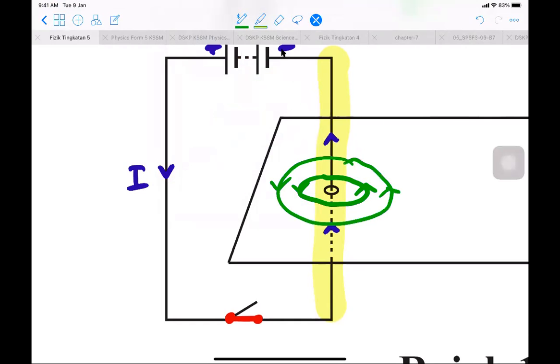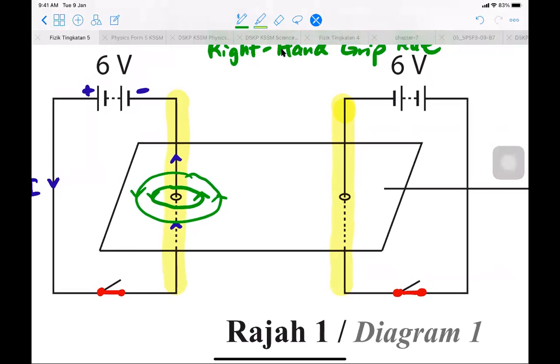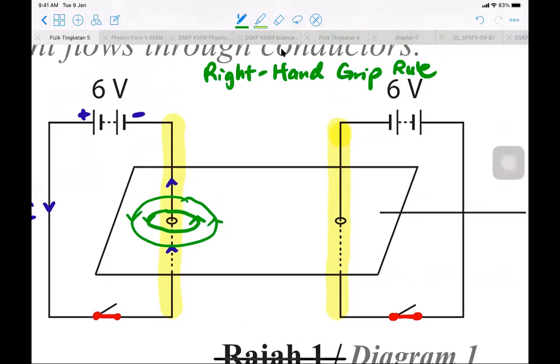Now for the other part, on the right hand side, we still need to use our right hand grip rule to determine the pattern of the magnetic field. Again, you look at where the current flows. It is always from positive to negative, so the current will be going upwards.